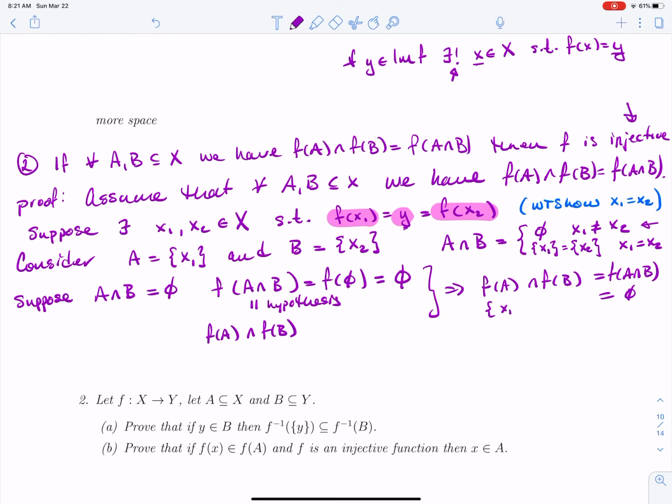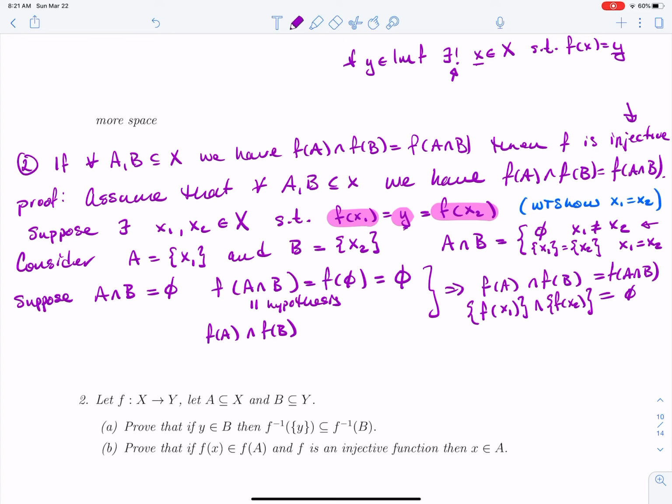Sorry, f of x1, what am I saying? It's f of x1 intersect f of x2, because those are the only elements inside of those sets.